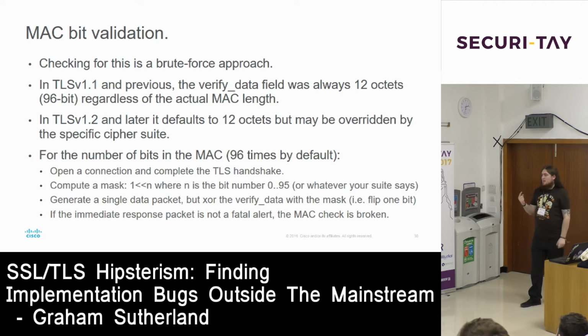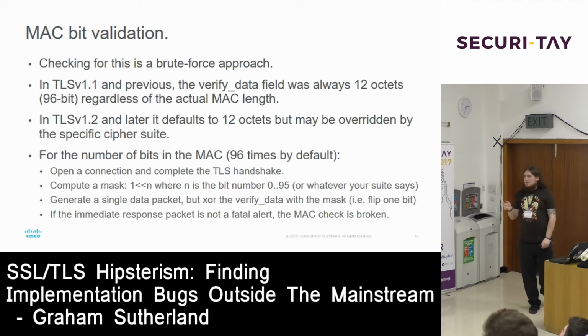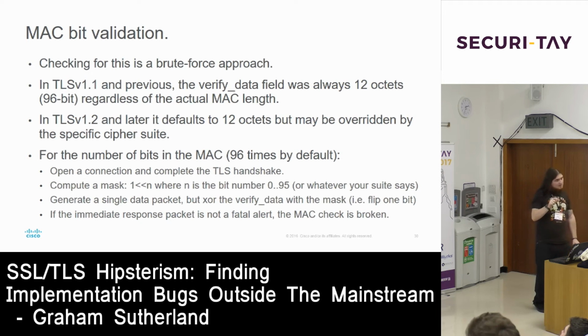So basically what we're saying is, start off with a bit on the far right-hand side of 96 bits in this bit string, and then the next time you're going to go to the next bit, and the next bit, the next bit, the next bit. Just 1 bit each time. And you're going to generate a single packet and send that over TLS, except the verified data part before the crypto, so that verified data field inside that TLS packet, you're going to flip that 1 bit. You're going to XOR that mask with it.